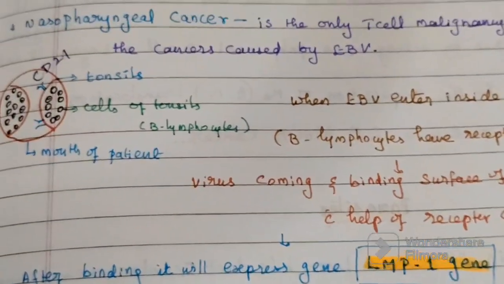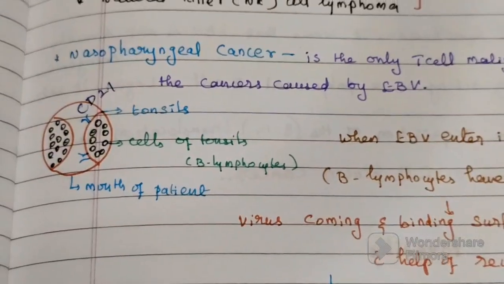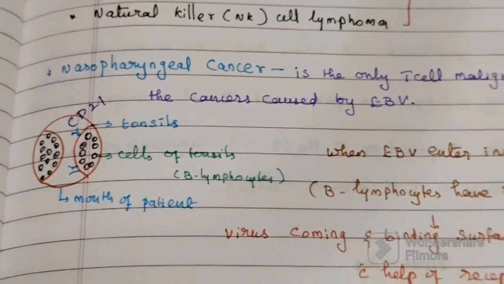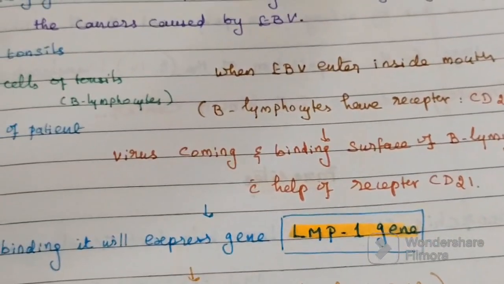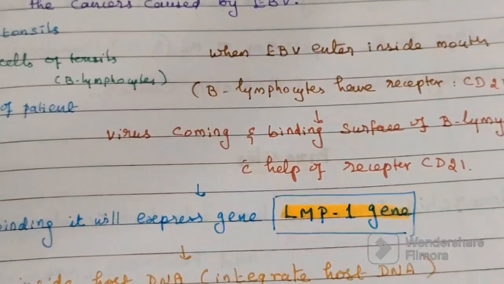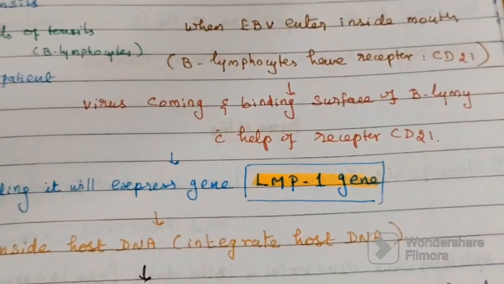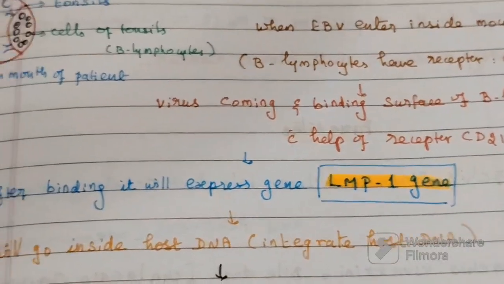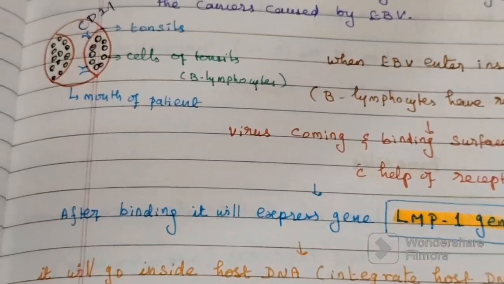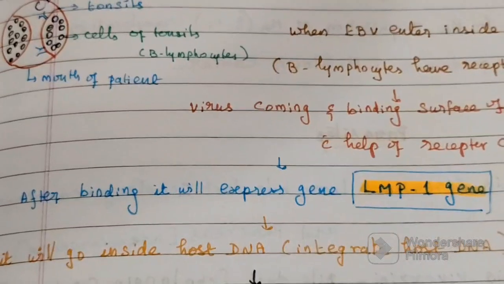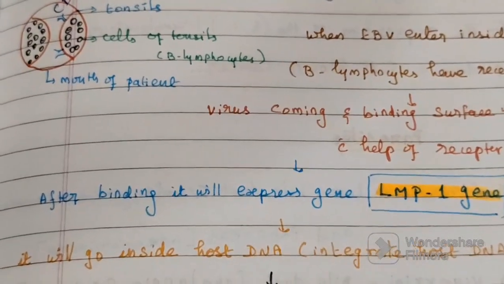After binding with that receptor, it will express a gene called the LMP1 gene or LMP1 protein. It goes inside and integrates with the host DNA.